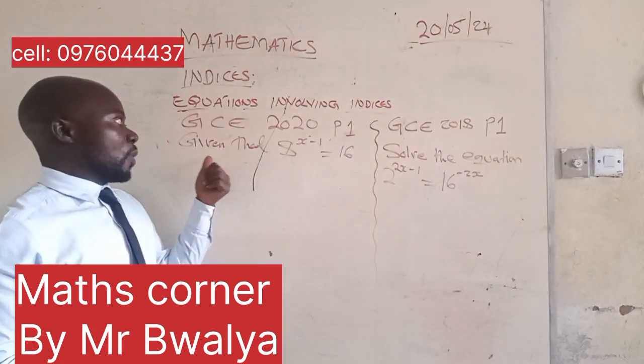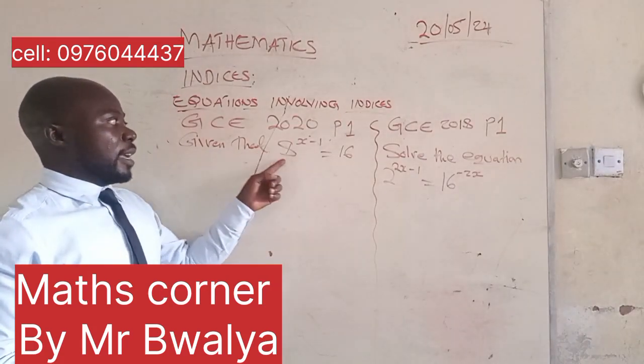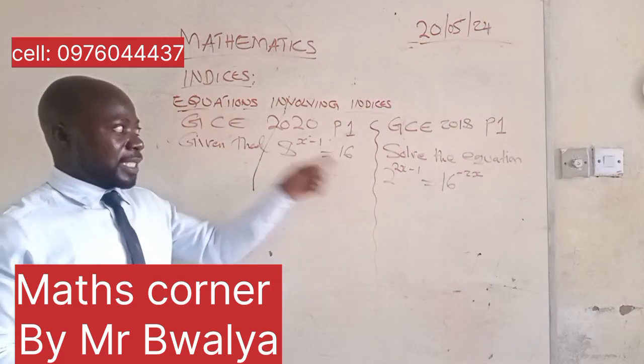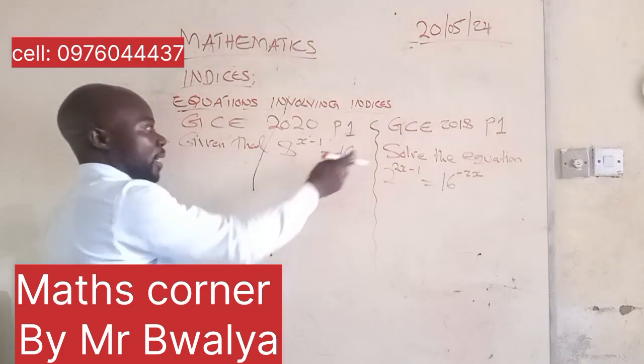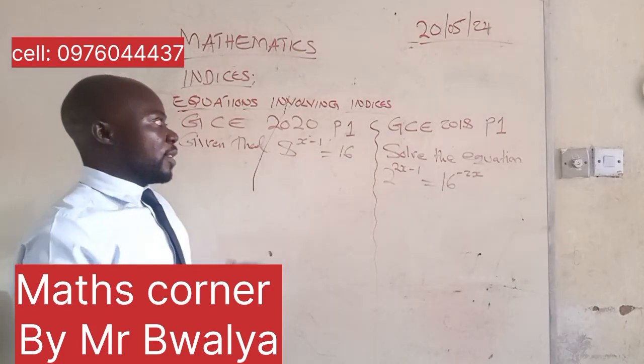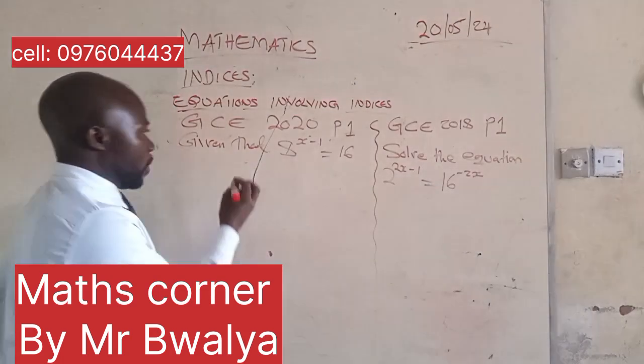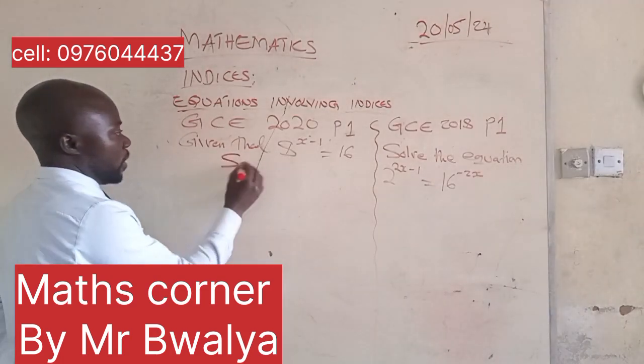Okay, so the question was: given that 8 to the power x minus 1 is equal to 16, find the value of x. So they want us to find the value of x. Are we together? So solution here.